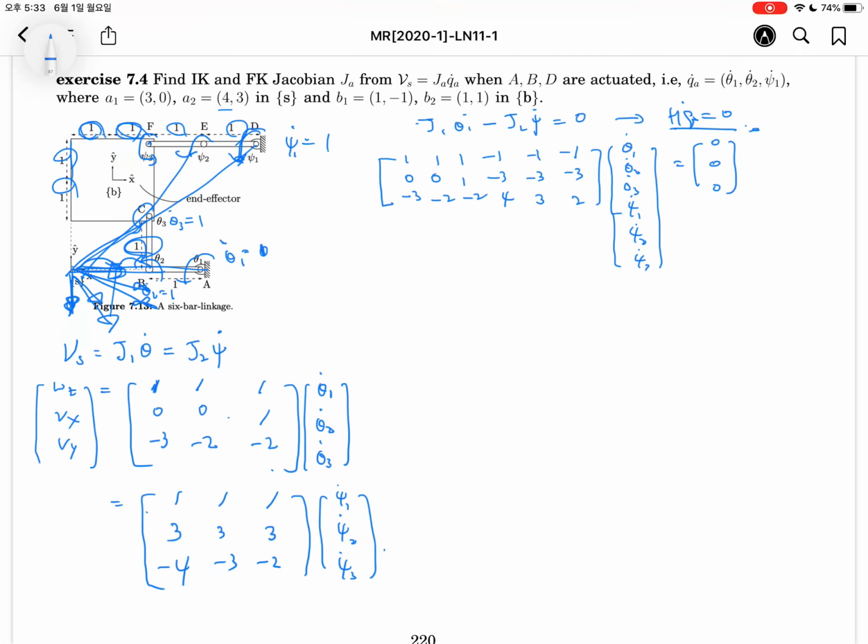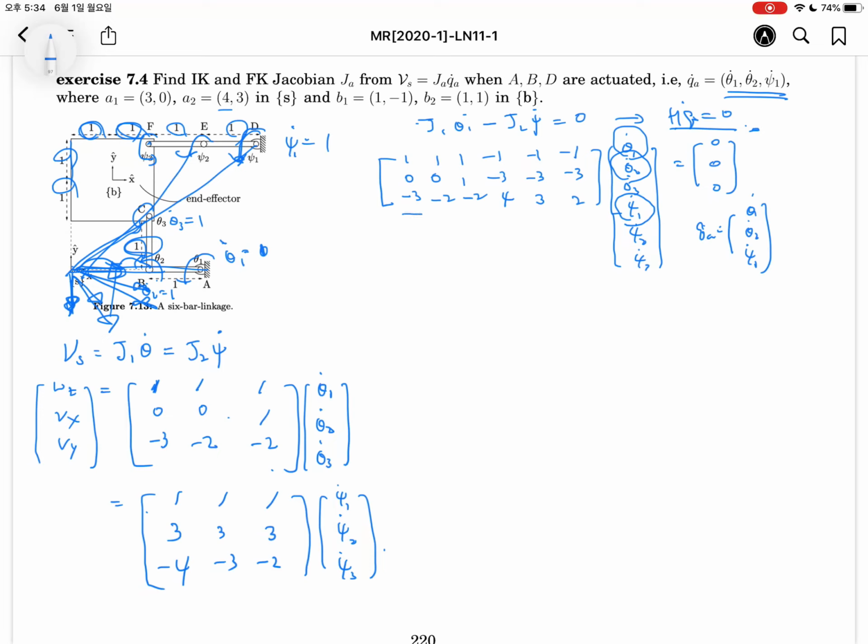Okay, from this equation, H Q dot equals 0, let's choose the active joints. The active joints are defined as theta 1 dot, theta 2 dot and psi 1 dot. This is active, this is active, and this is active. So Q A dot will be defined as theta 1 dot, theta 2 dot, psi 1 dot.